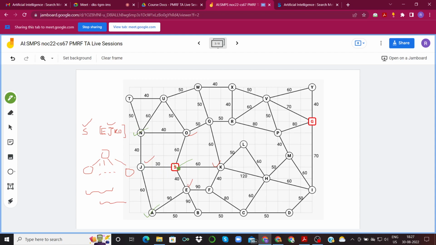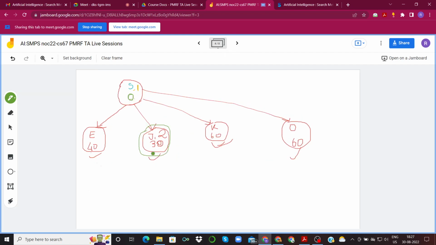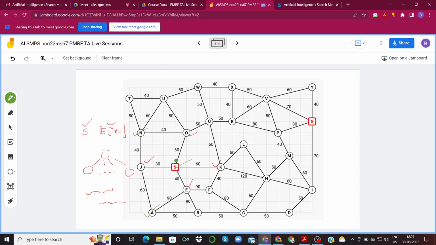Remember that this particular version of branch and bound allows for cyclic refinement, so it could go back to S. So the three children would be A, S, and N.